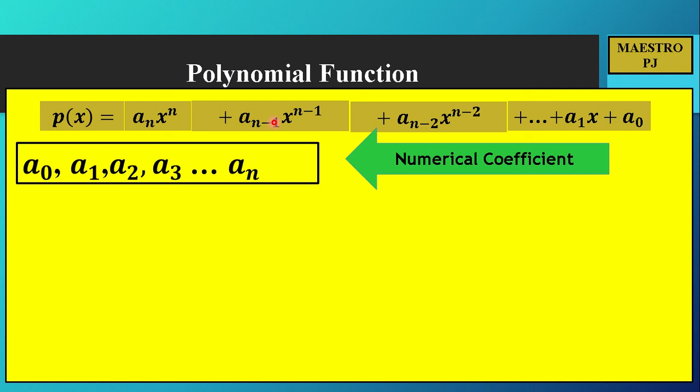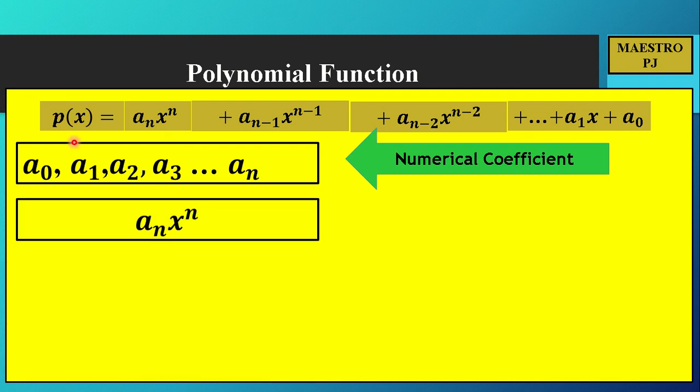Because a polynomial function is a set of terms. So these a sub 0, a sub 1, a sub 2, a sub 3, a sub n are numerical coefficients of the terms in the polynomial function.